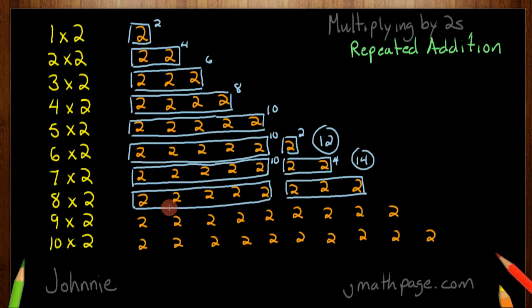Now if we think about five 2's here, we know that five 2's is 10. What do we know about three 2's? Well, if I come all the way up here, I see that three 2's was 6. So let's call this 6. So if I go over here and say 8 times 2, I know that 8 times 2 is the same as 10 and 6 more.